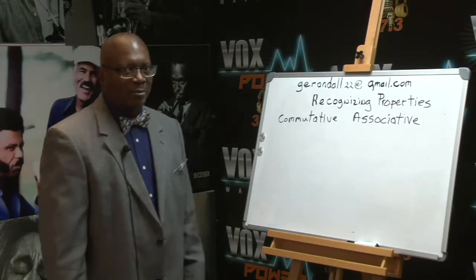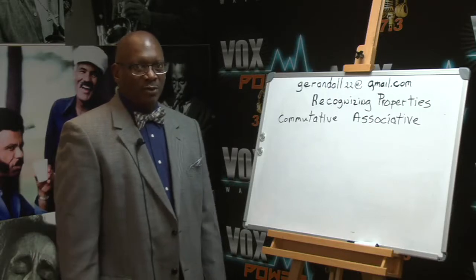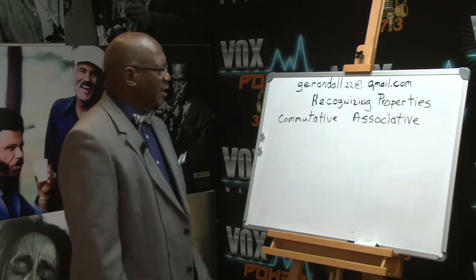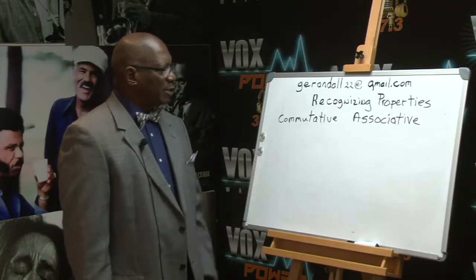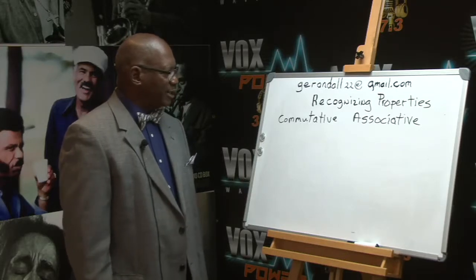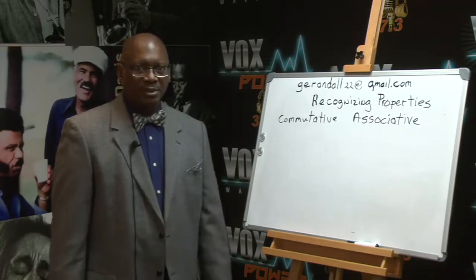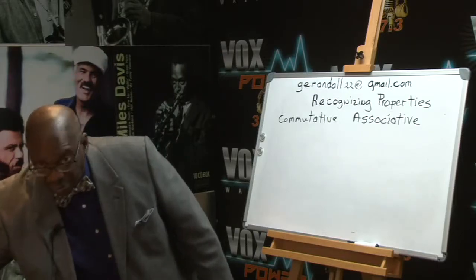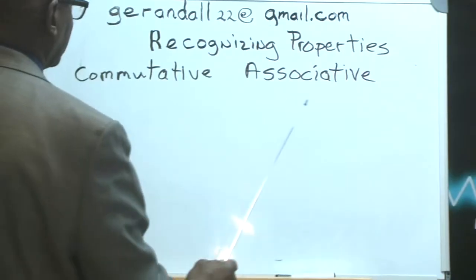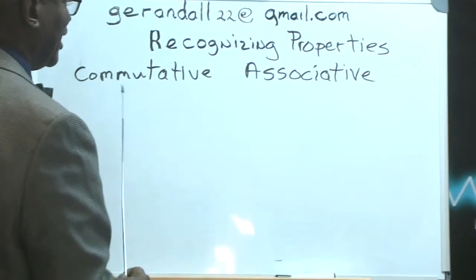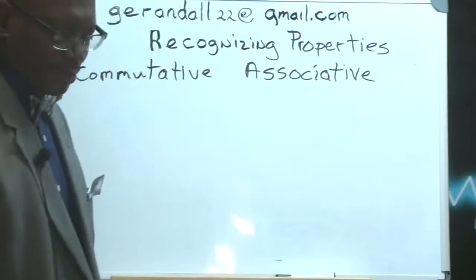Hello again. Welcome back to You, Math, and Me. And now we're going to talk about recognizing properties. Two properties in particular are the commutative property and associative property, both of addition and multiplication.